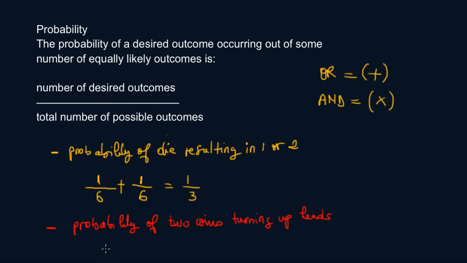That'll be 1/2, because you have one head and the other side as well, so 1 out of two possibilities. And then the other one is also turning head, so that's 1/2. The total number of possible outcomes is 2, right? But you need both turning head, so that would be a multiplication, and your answer is 1/4.